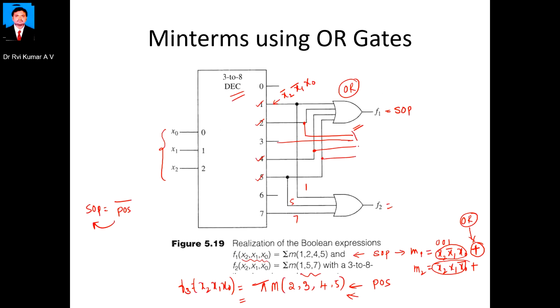I am using the same OR gate, but I am supposed to take the complement to get the POS expression. So I am using the complemented gate, in the sense a NOR gate. So this is your F3. Here it is a POS expression, and the gate is a NOR gate. This is how we can implement, if you have the active high output, the SOP expression as well as the POS expression by using OR and NOR gates respectively.